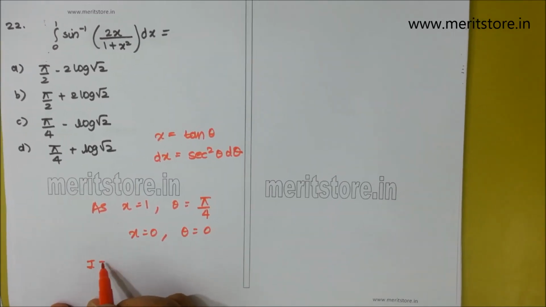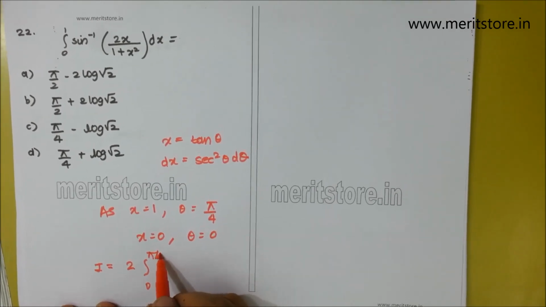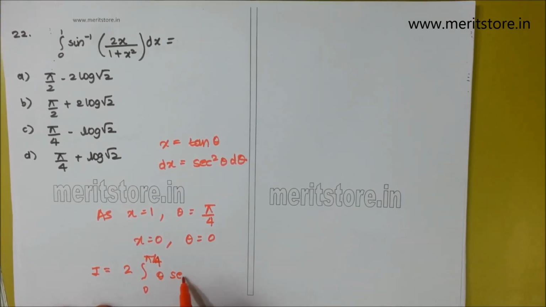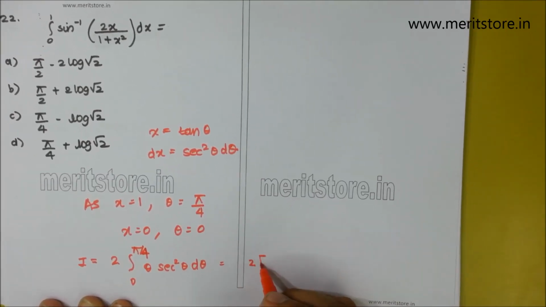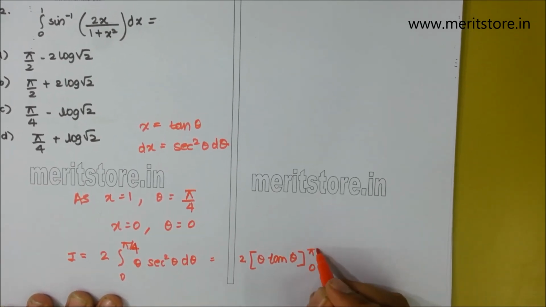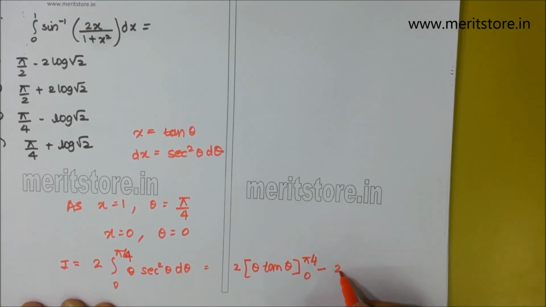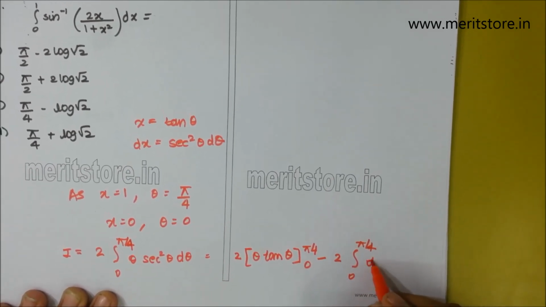Then I can be written as 2 integral from 0 to pi by 4 of theta sec square theta d theta, which will give us 2 theta tan theta from 0 to pi by 4 minus 2 integral of 0 to pi by 4 of tan theta d theta.